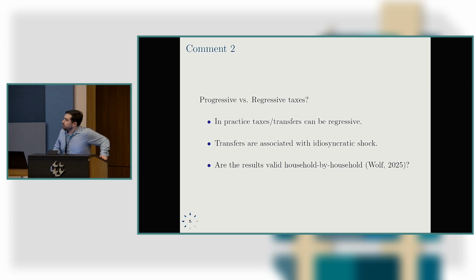Then the second comment is you show a lot of evidence that the transfers are quite progressive instead of purchases that are quite regressive. And then in the analysis, you follow that pattern, but maybe we can think about the other extreme case in which you have a government that is more, or in practice, some governments cannot give progressive transfers, or for instance, consumption taxes are usually the most regressive way of giving transfers to the household.